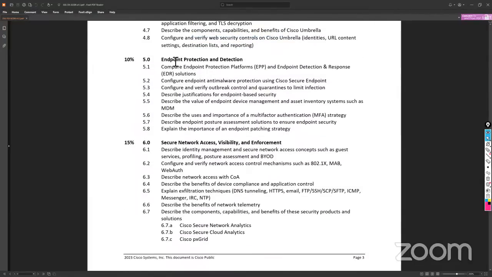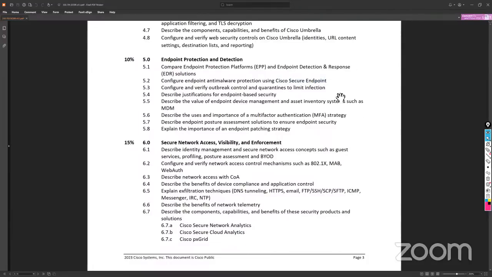Here is endpoint protection and detection. This is EDR. It is very similar to running an antivirus solution on your desktop, but a little bit more advanced. This is where we talk about Cisco Secure Endpoint.